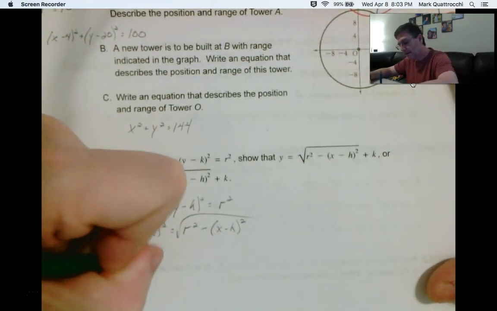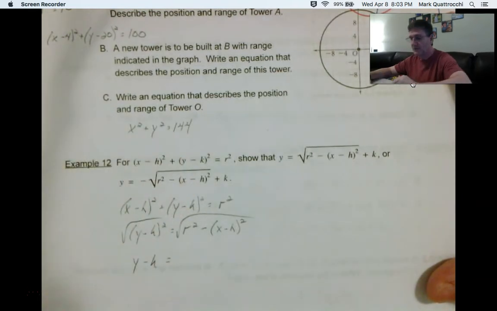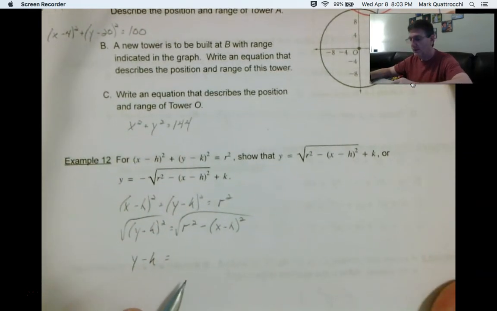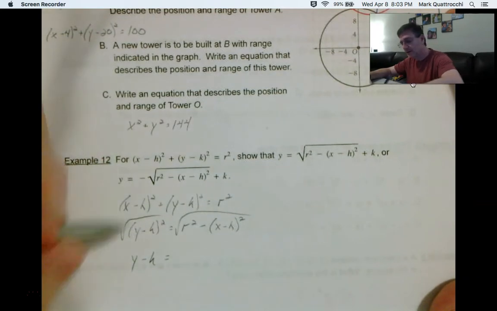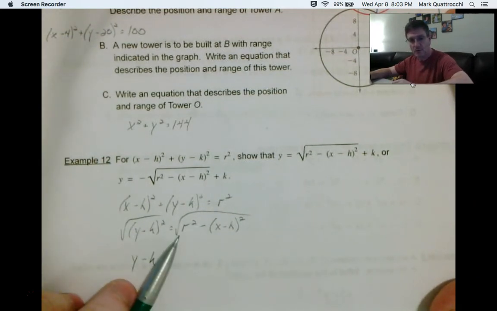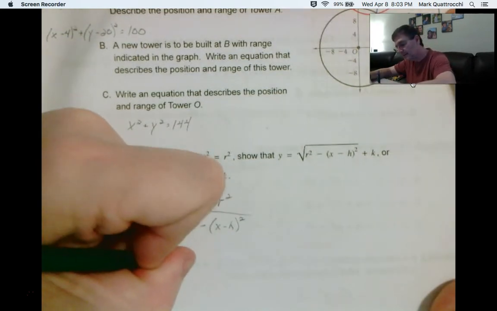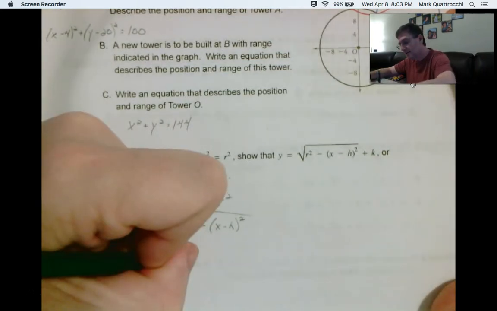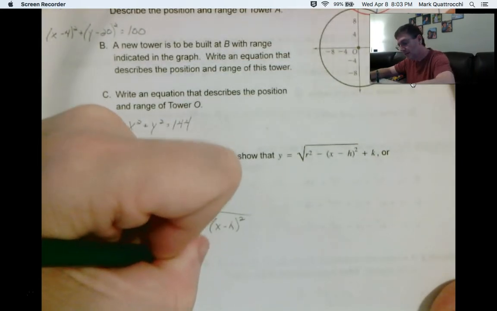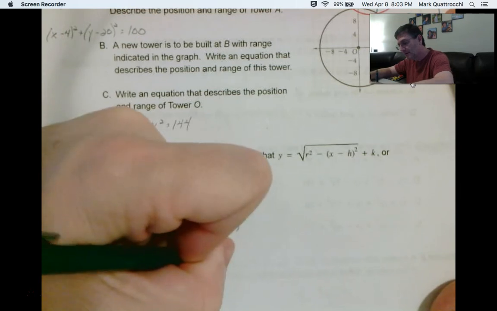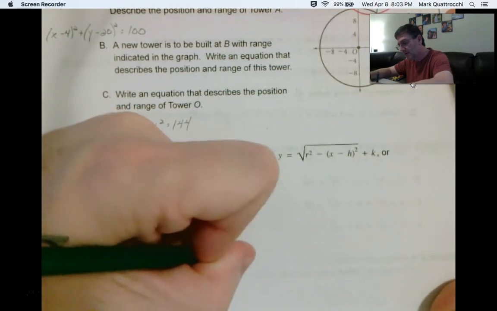y minus k equals. And here's where your algebra skills are going to come in. Whenever you put in the square root, you must add in a plus and a minus. Plus or minus the square root of r squared minus (x minus h) squared.